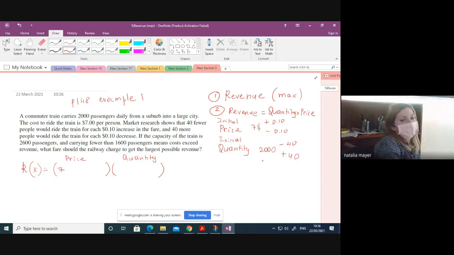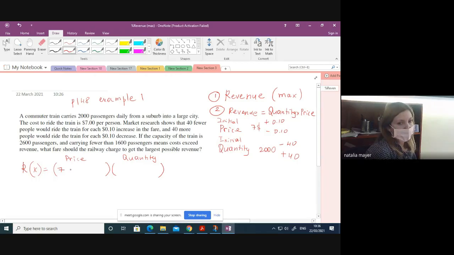So don't you remember this question from grade 10 and 11? So how to represent the change in the price? Plus what? Plus 0.1. If I add 0.1, how many times has the change occurred? Once. 0.10.